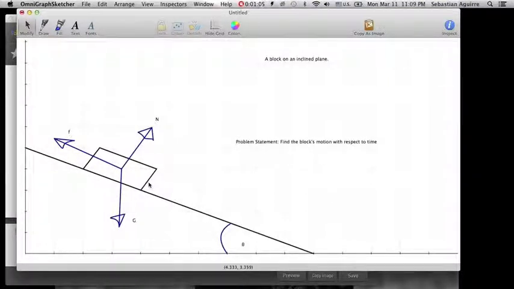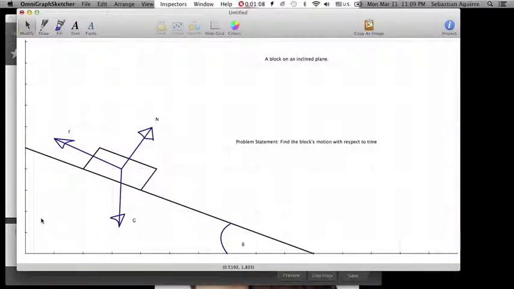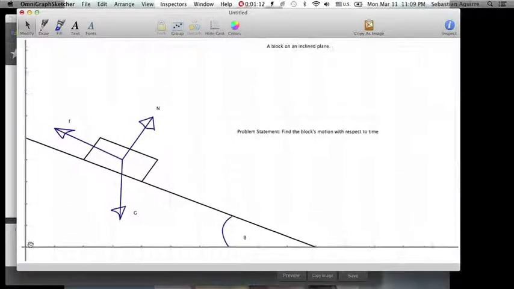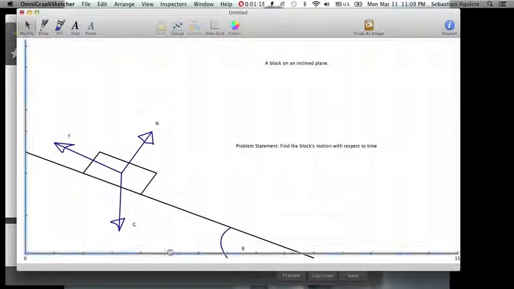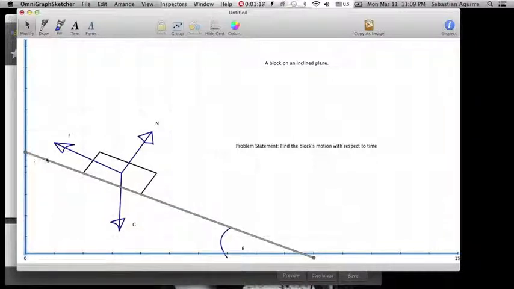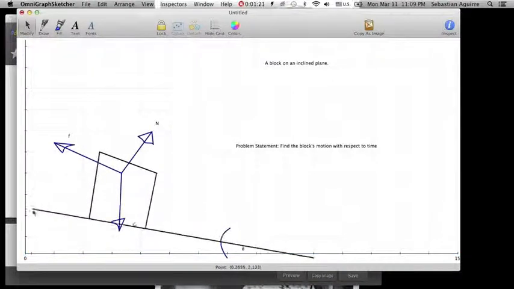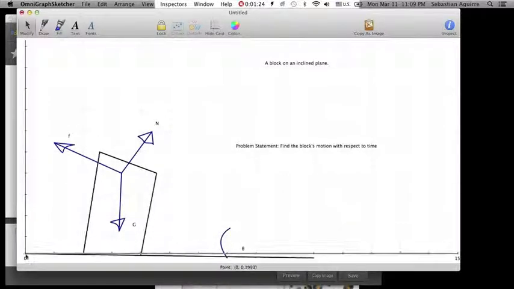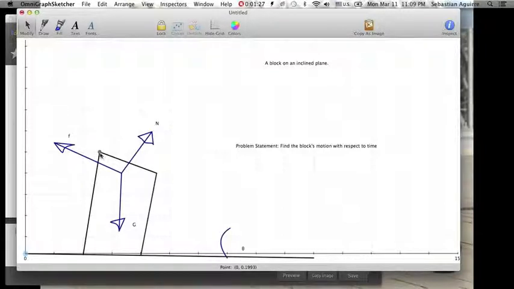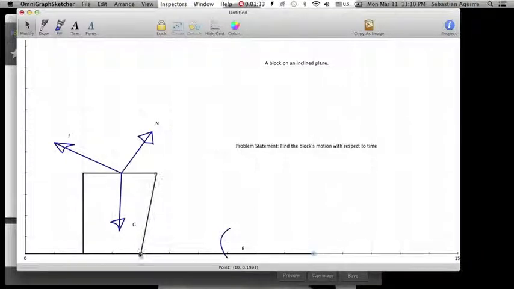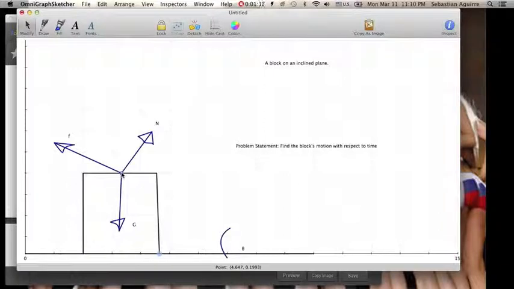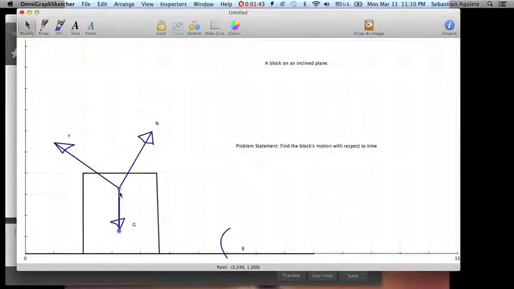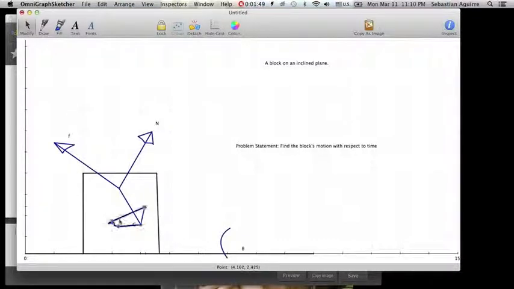What I mean by that is, if we just consider this to be lying down flat, without the morphing of the block, this point goes down, and the gravity vector rotates that way.